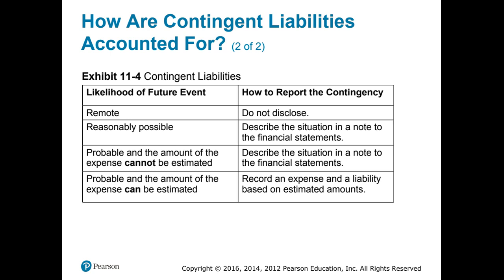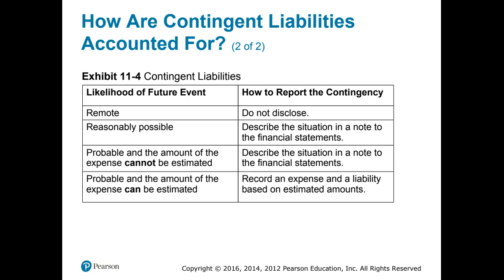If it's probable and the amount can be estimated, more than likely it's going to happen, and we have an idea of how much it's going to cost. Not exact. The amount's definitely probably not going to be 100% correct, right? We're going to be off somewhere. But we can estimate what it's going to cost. It's probable and we can estimate it. We're going to record this as an expense and a liability based on what we estimate it to be.